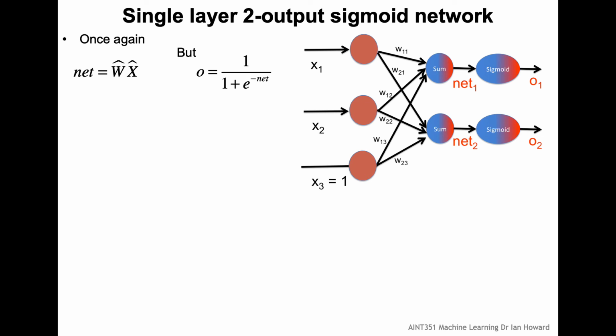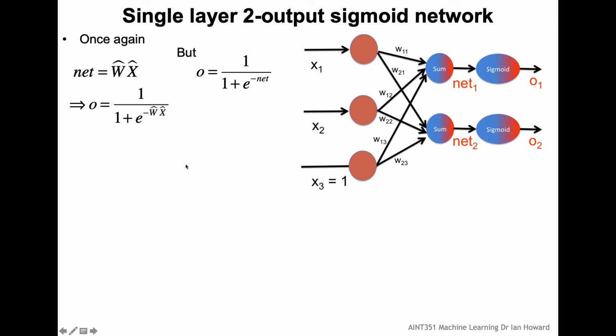So we get the output for a particular linear node, which is going to be called the net value, and then we pass that through a nonlinear function, which is a sigmoid function. The output of this function is 1 divided by 1 plus e to the minus input, which is going to be the net. So we can substitute net in as w hat x hat, and we end up with the output.